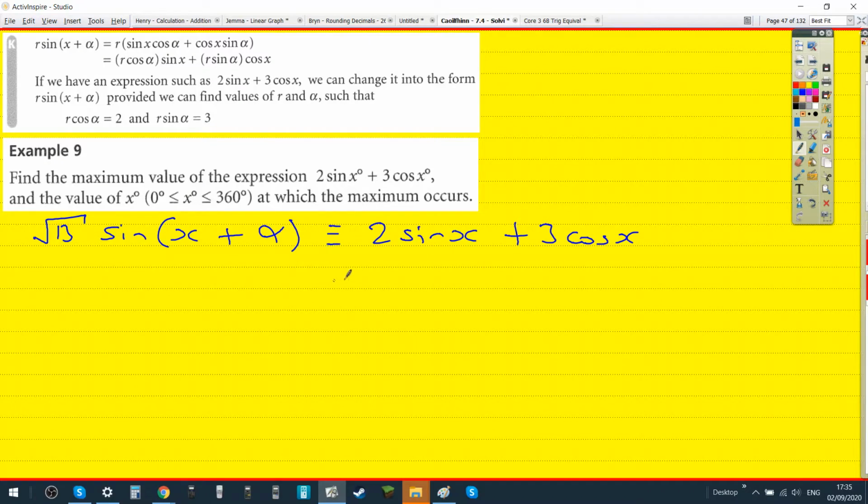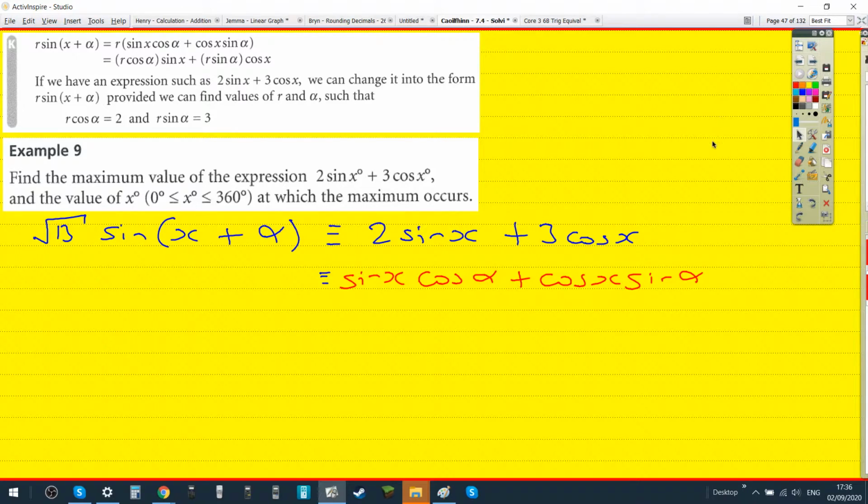We expanded this and got sine x cos alpha plus cos x sine alpha. Let me make this simpler, with no root 13. Okay, match up: we have sine x cos alpha, cos x sine alpha.